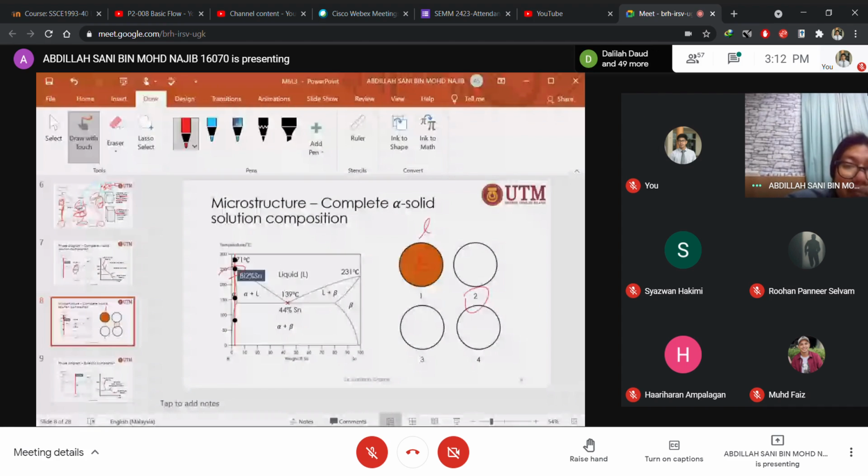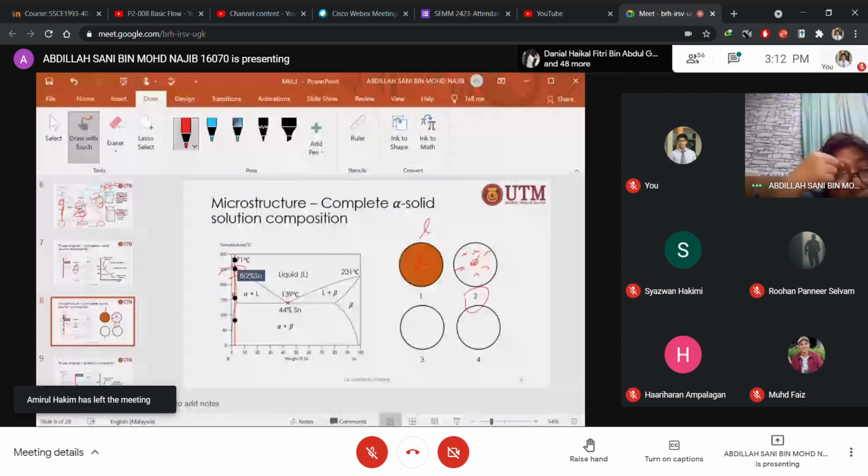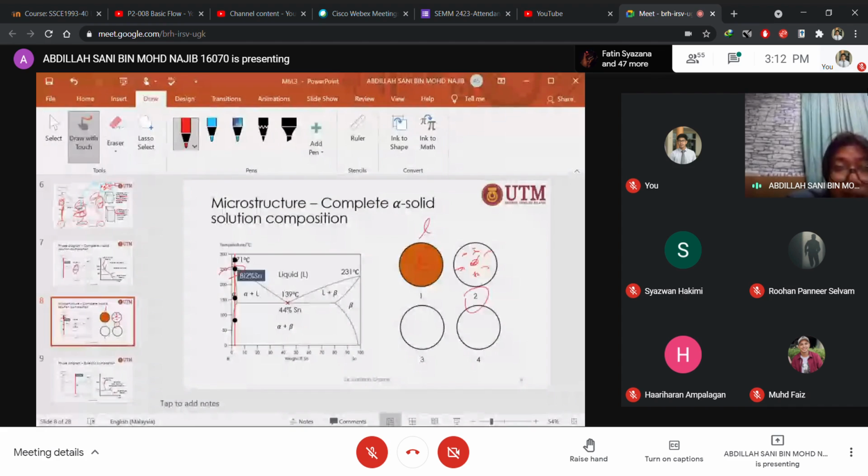Inside, some solid. Okay, alpha. And when we are at point number 3, it is completely alpha, completely solidified already. We have alpha.